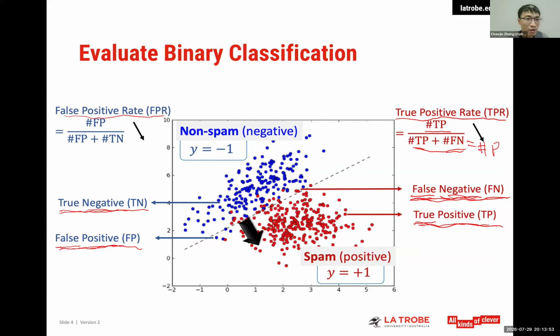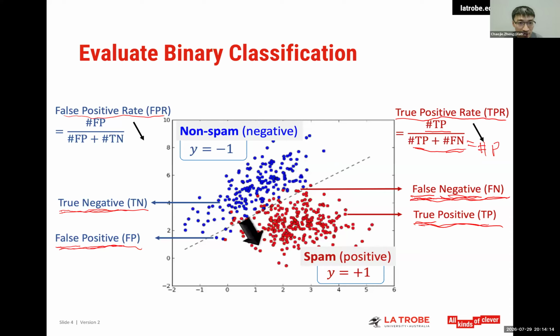And for false positive rate, the numerator is false positive numbers, and the denominator is the sum of false positive and true negative.